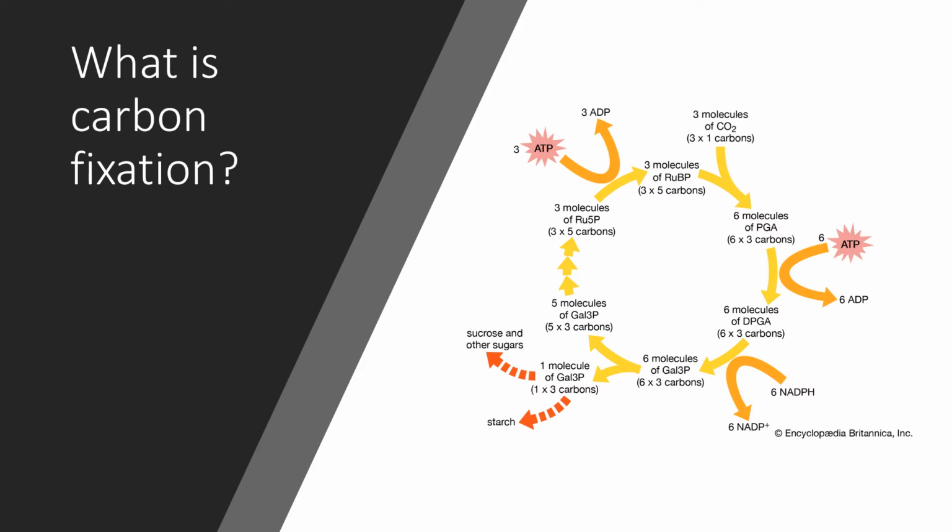Putting it simply, the Calvin cycle converts carbon dioxide and water into organic compounds, like starch or sugars. The enzyme responsible for this is rubisco, and it's part of photosynthesis.